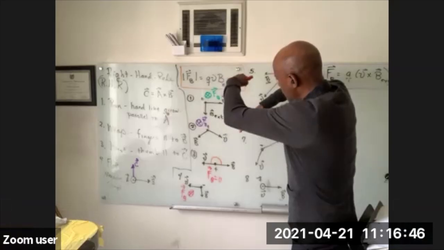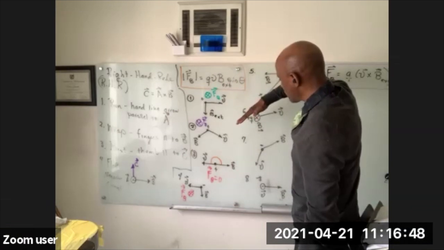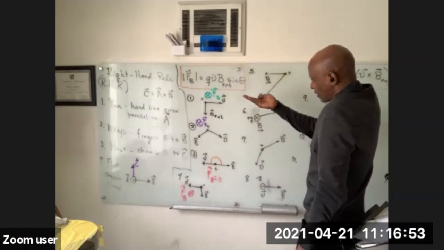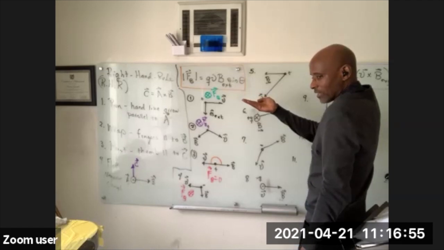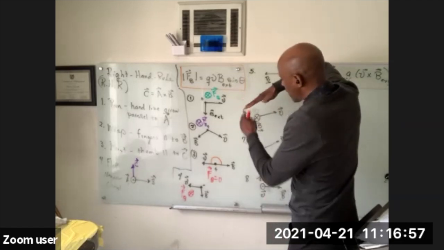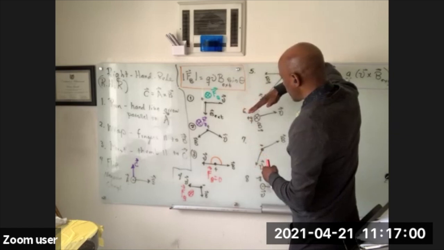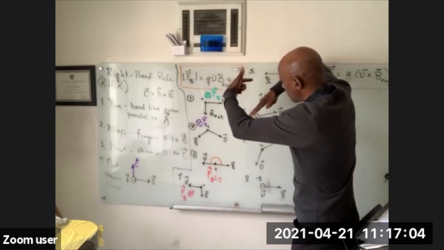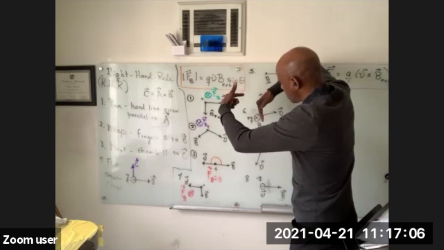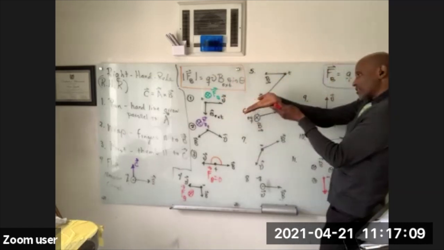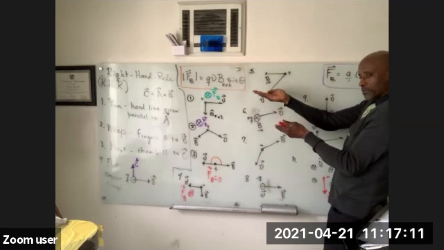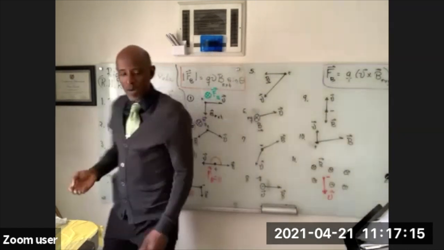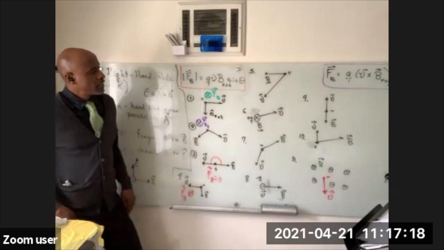Your B is up here, so you're going to have to turn your hand around so that you can make your fingers parallel to B. Your hand only bends one way. So when you have your fingers like this, B is above you here. So you can't bend like that and get to B. You have to kind of turn here and bend up. You know what I mean? So I would say that it's into the board.